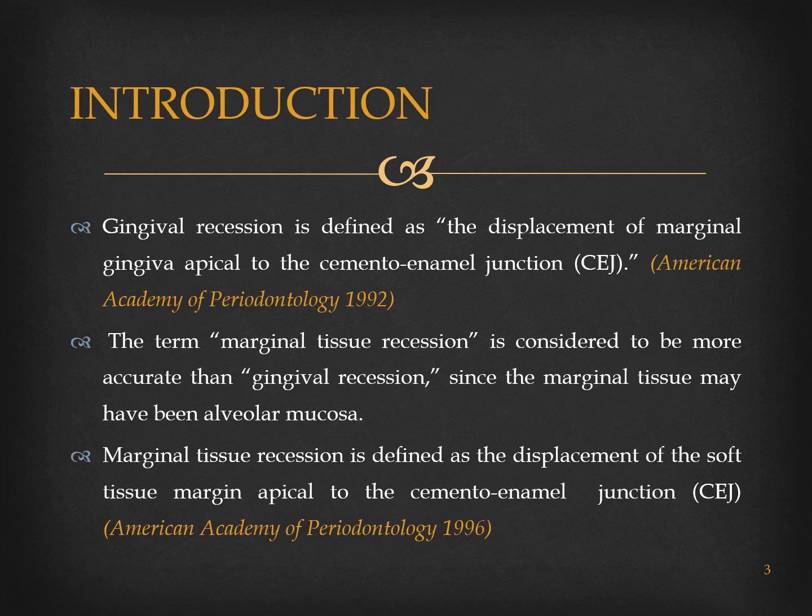Introduction: gingival recession is defined as the displacement of marginal gingiva apical to the CEJ. So you have to remember the major word here, marginal gingiva, the margins of gingiva apical to the CEJ. It was given by AAP in 1992. The term marginal tissue recession is considered to be more accurate than gingival recession. Gingival recession means the whole of the gingiva, which includes marginal gingiva and attached gingiva.